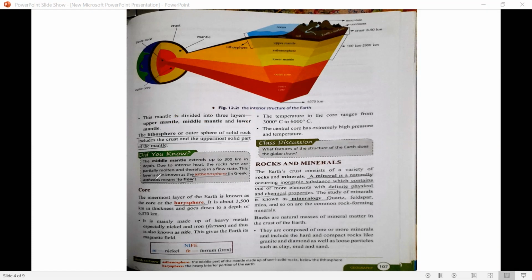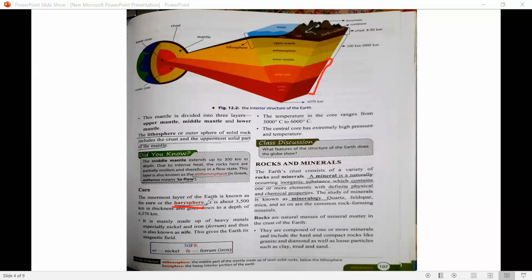Now let's learn what the core is. The core is the innermost layer of the earth, and it is also known as the barysphere. Barysphere actually means the heavy interior portion of the earth. This portion is very, very heavy, and that is why the name barysphere is given.